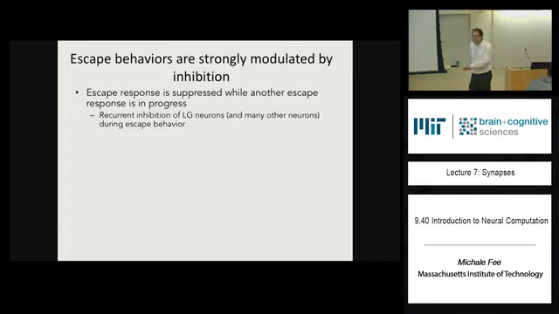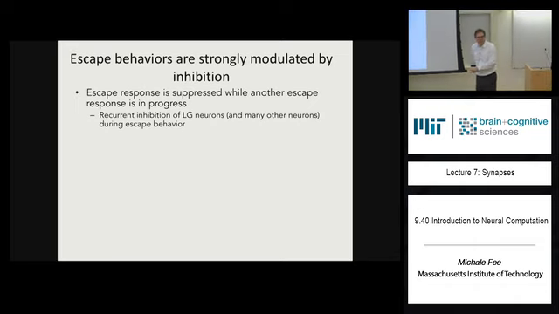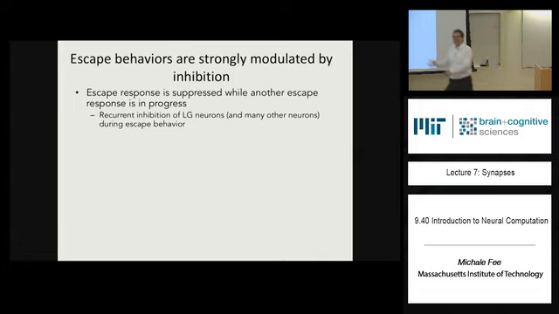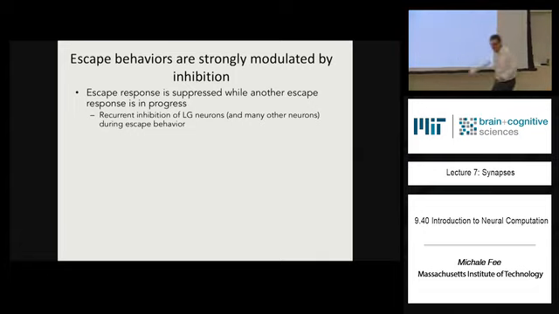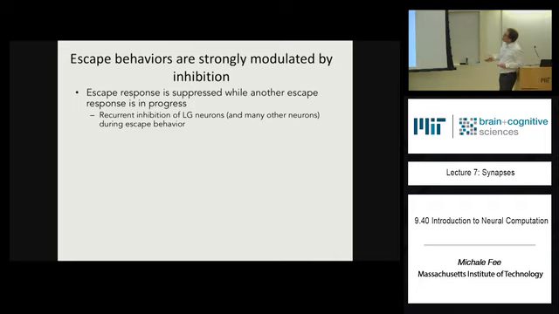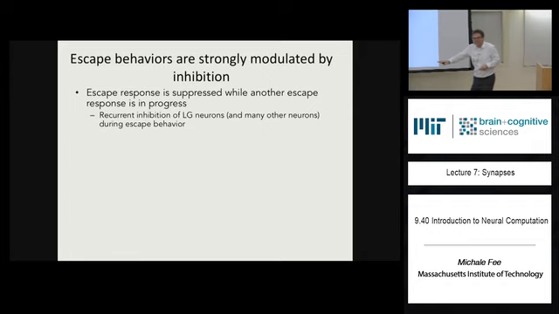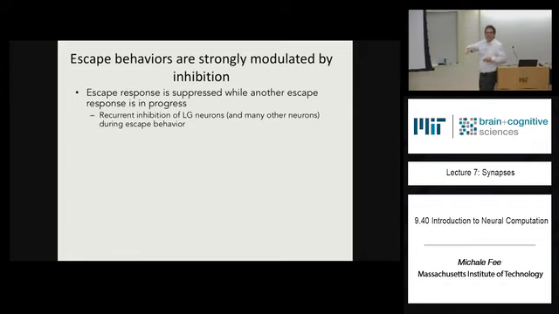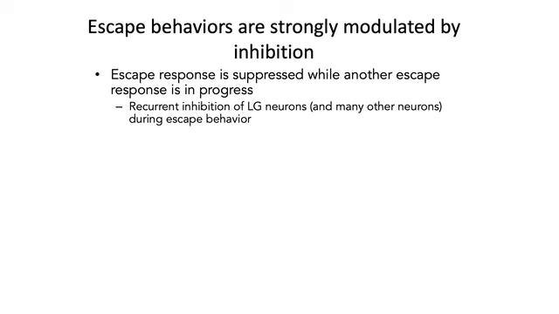But now, if it goes backwards and it bumps into something on its backside, you don't want to have that immediately trigger an LG escape, and he bumps into something and he's like, boom, boom, boom, right? That would be terrible. So what happens is that when the MG neuron fires and initiates that backwards movement, it sends a signal that inhibits the LG response. Okay?